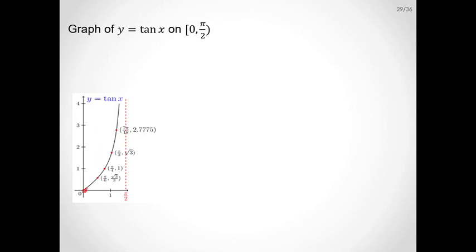So at 0 it will be 0, and at pi over 6 it will be like that, then pi over 4 and pi over 3. And if you take values close to pi over 2, you will get very big numbers. So this will kind of blow up.